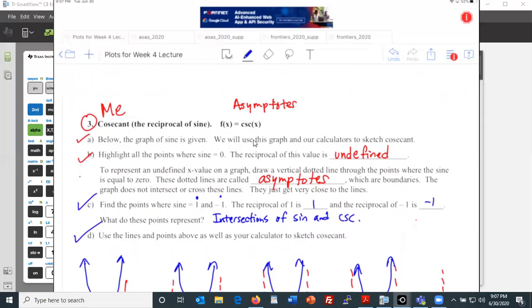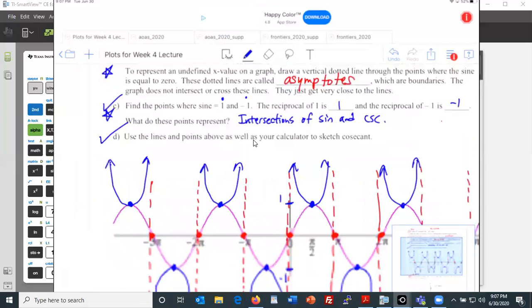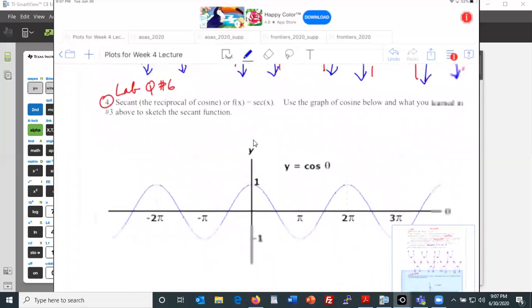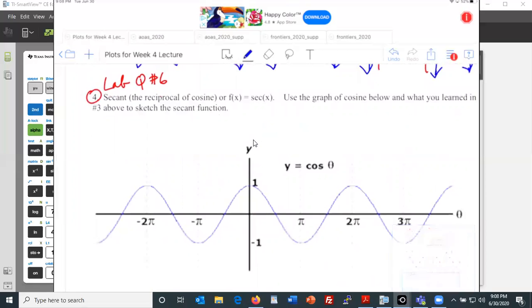This part is really important to figure out how these two functions go together. So that will be from the lab. I'll leave that up to you to do. And definitely use your calculator as a guide as well, so you can see where the curves sit on the graph.